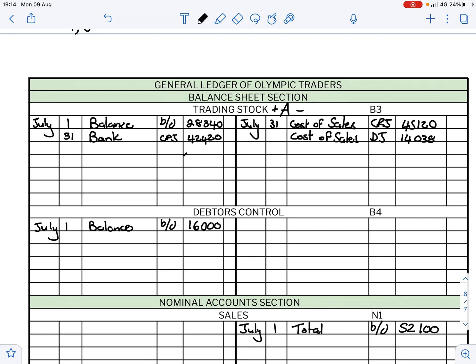Okay, if we look at the two, our debit side is bigger. We add up our balance and bank to give us 70,760 Rand. We then drag that figure across, to work out our balance carried down. So we have our 70,760.